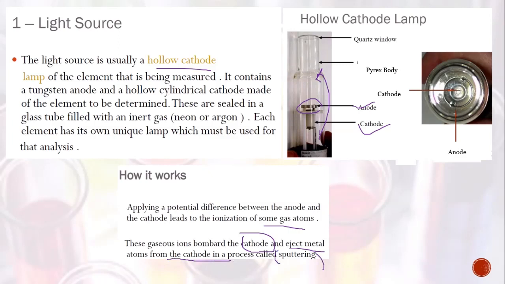This cathode is made up of the metal which you want to investigate. We ionize some gas because of the potential difference created between the cathode and the anode. Once these gaseous ions have formed, they hit the cathode and eject metal atoms in a process called sputtering.